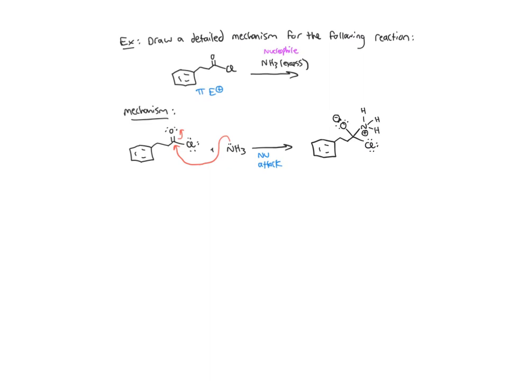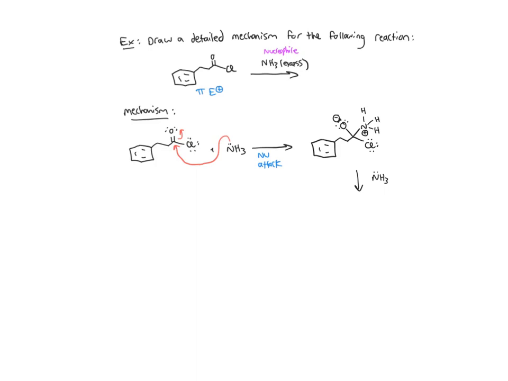What we're going to do now is the same thing we did right after the nucleophile attack in the acidic conditions. We do want to make sure that we're alleviating that charge on the nucleophile. It comes in and it's positively charged. We can remove that. We can use another molecule of NH3.